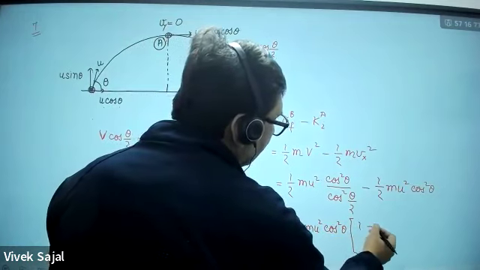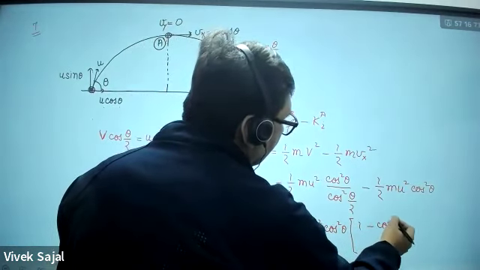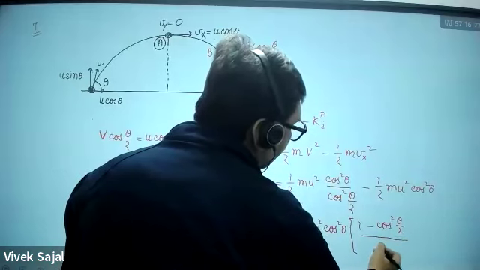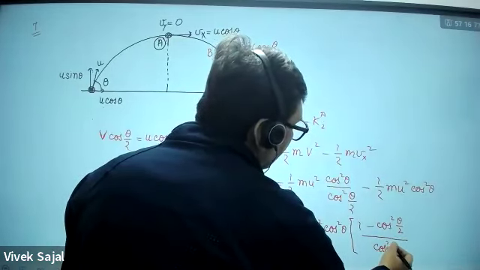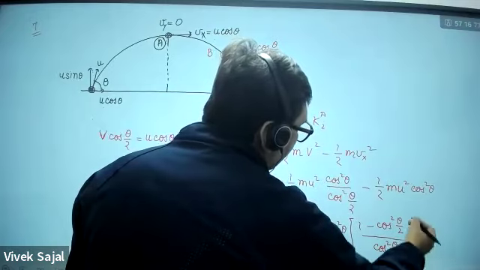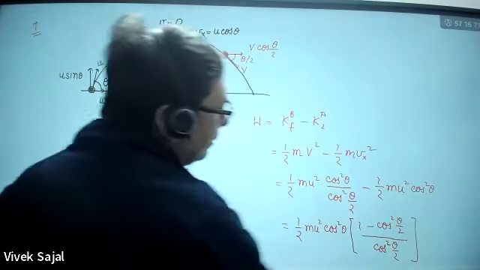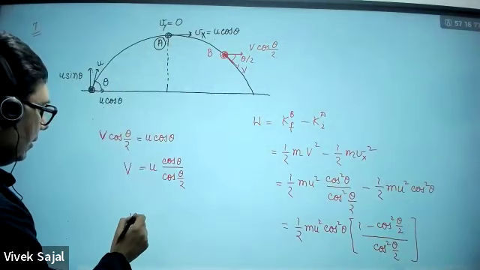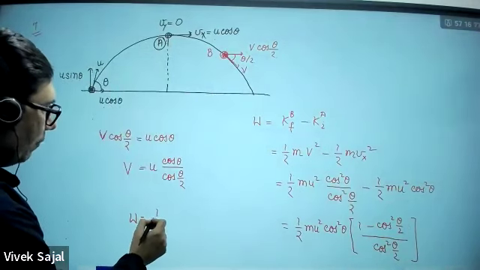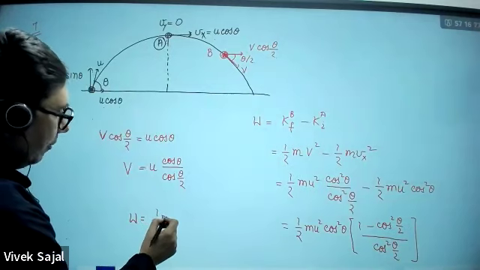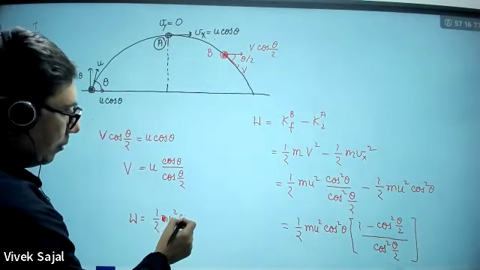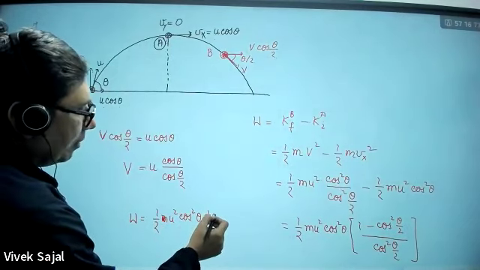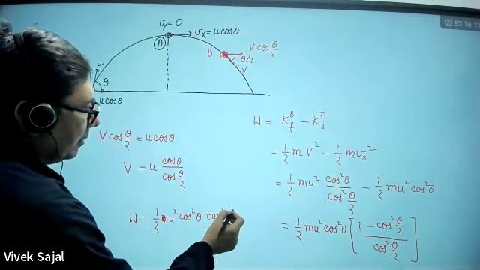It will be 1 minus cos square theta by 2, divided by cos square theta by 2. So this will be sin square theta by 2 upon cos square theta by 2. So the work done will be 1 by 2 m U square cos square theta, and this will be tan square theta by 2.